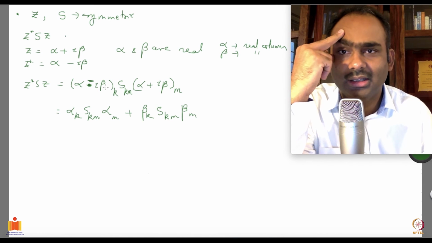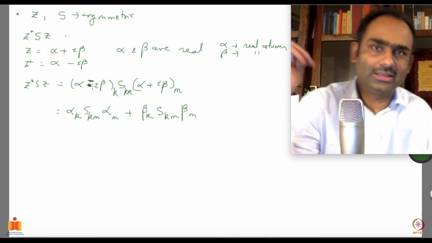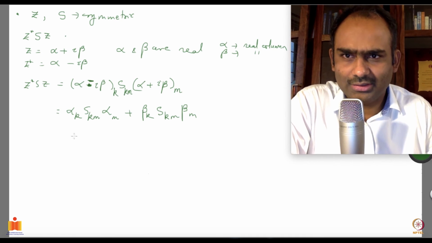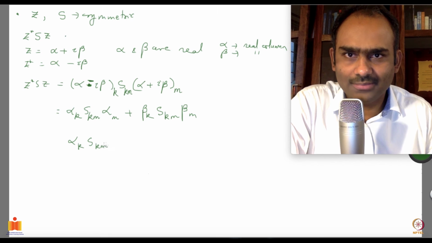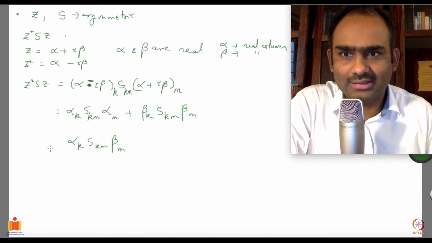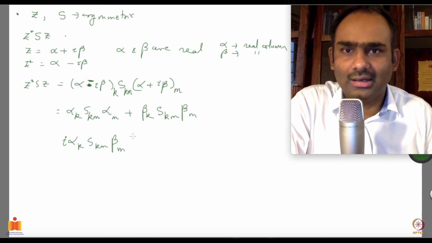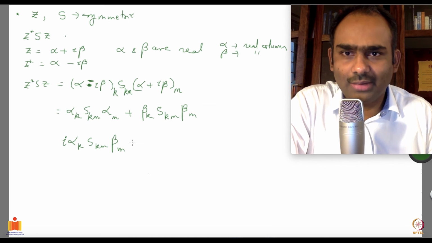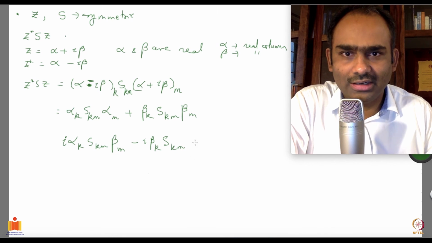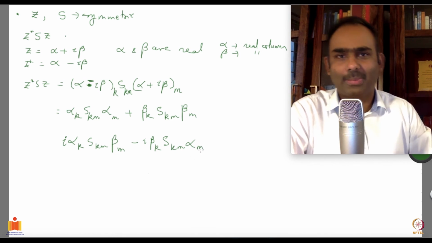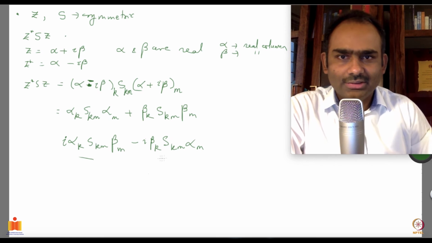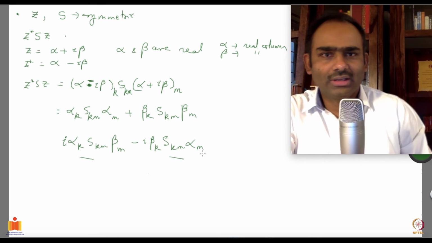Then you have the cross terms involving alphas and betas. You get alpha K S K M beta M times i, and minus i beta K S K M alpha M. Let's look at these two terms.